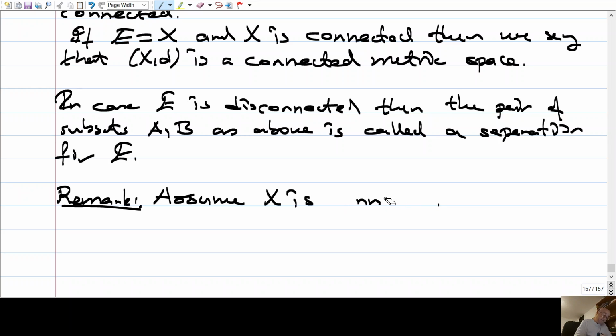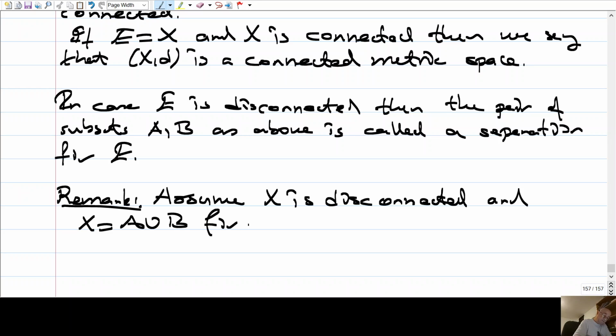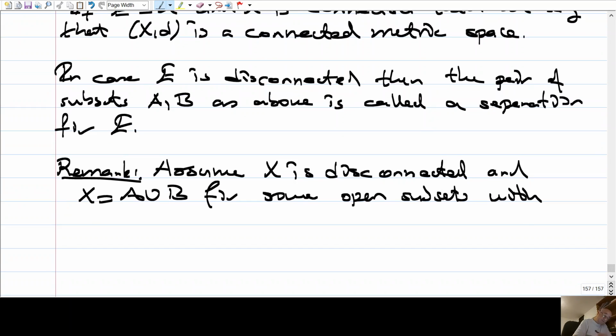Let me say first, assume X is disconnected, and X is written like this for some open subsets A and B. Since it is disconnected, we should have X intersection A non-empty.